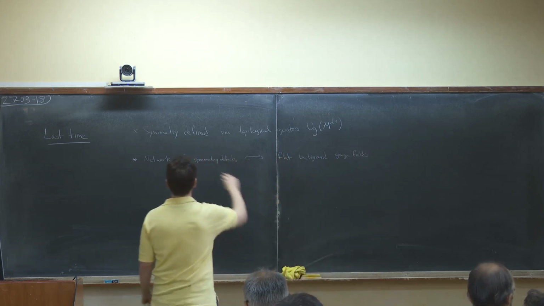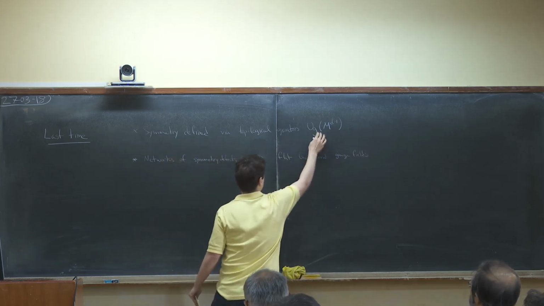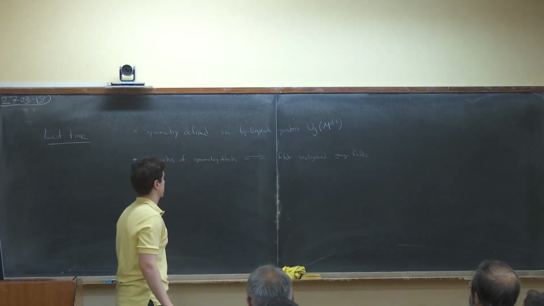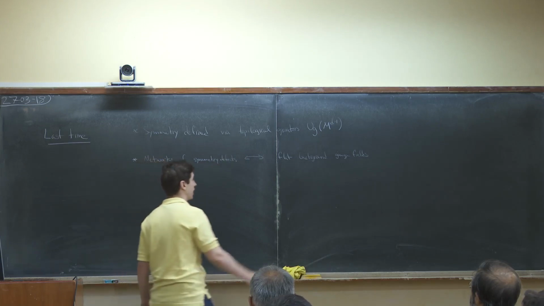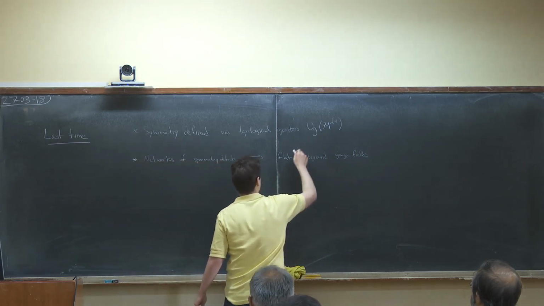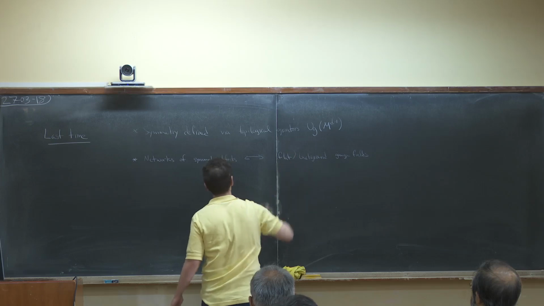So studying correlation functions in the presence of these defect operators is the same thing as just turning on a background gauge field for our system. And if G is discrete, we can really omit this term here.